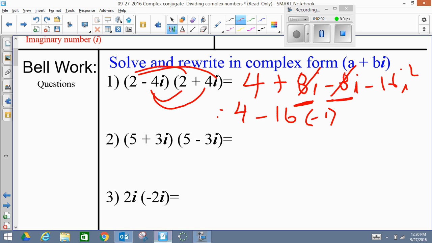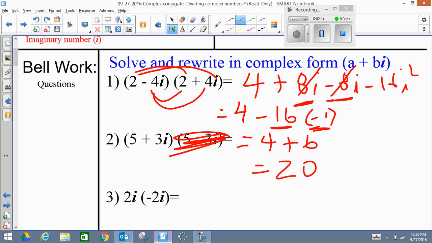So I got 4, negative 16 times negative 1 is positive 16, which is equal to 20. So if you notice, when I multiply those two, I'm not getting an i. I'm not getting an imaginary number. Those are canceling out. I'm just getting a real number. Keep that in mind.